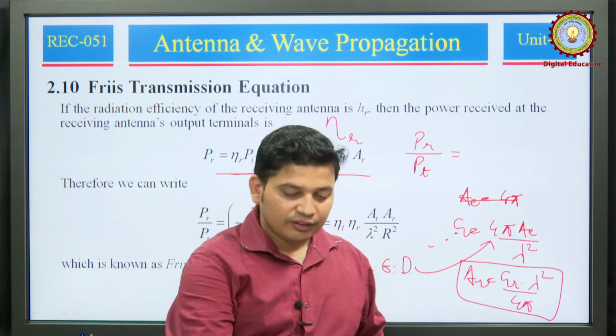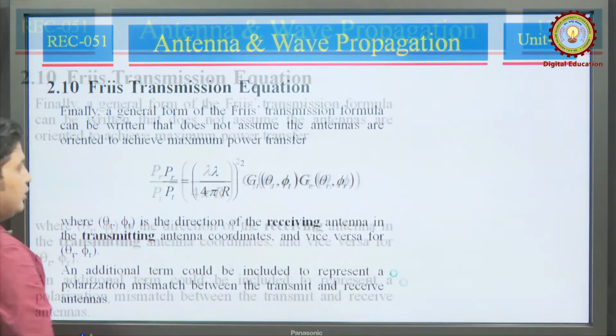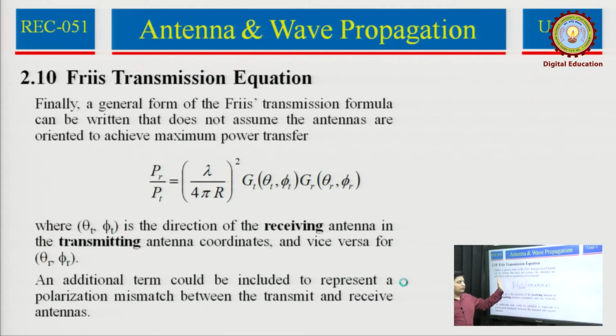So, this way we can find our relation of the Friis transmission equation. Since we are giving the spatial direction, theta t phi t, remember the first figure, and receiver side theta r phi r. So, this is the formula, always remember this formula.